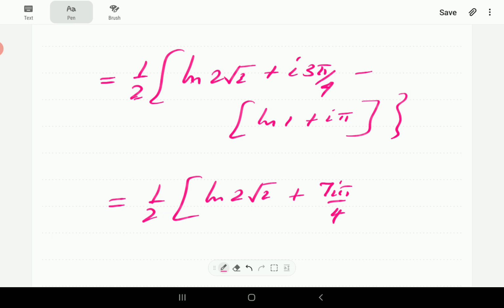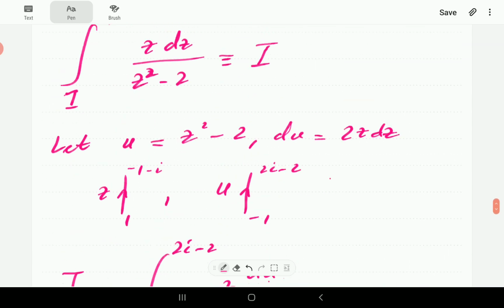Or maybe not, because I'm subtracting, so it's going to be negative pi on 4, because it's 3 on 4 minus 1. So this is going to be negative there. So that's going to be the value of that integral there.